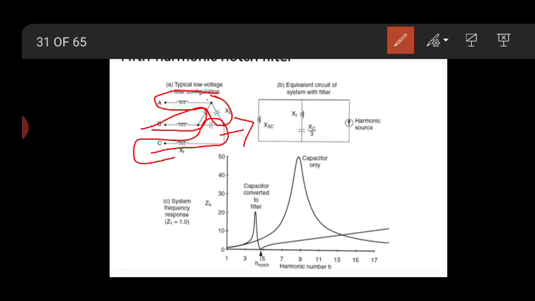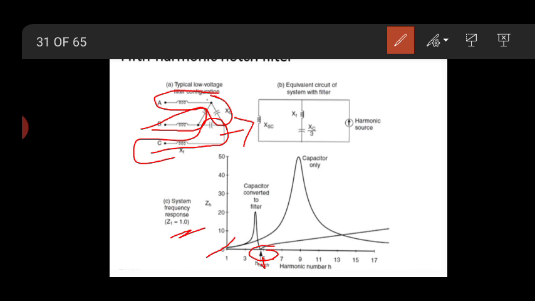So here what we can see is that the notch filter should filter out before reaching the fifth harmonic. Before the fifth harmonic, the resonance frequency will be less and the impedance ZR will be very low.